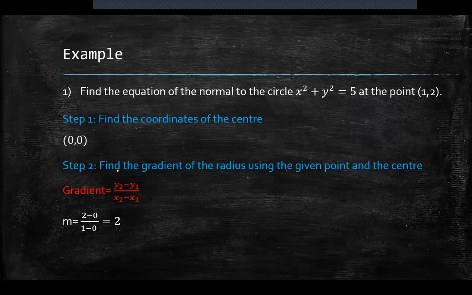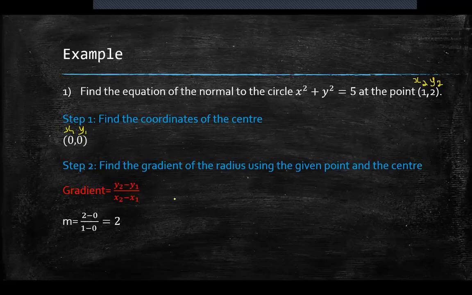Step 2, also the same. Find the gradient of the radius using the given point and the center. So in this case, I use this one as x2 and y2, and the center as my x1 and y1.